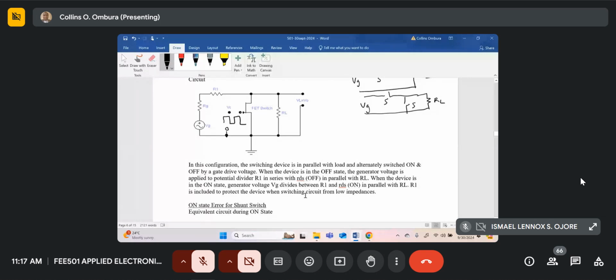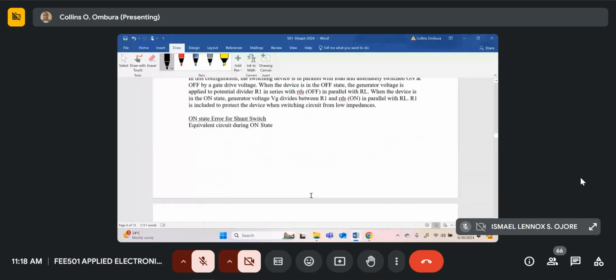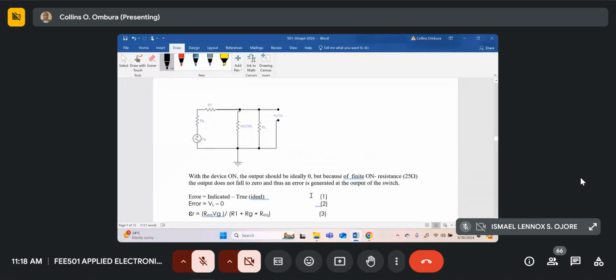Now let's start with the on state error. On state error is when the switching device is on. So for this, we draw the equivalent circuit. So this is the equivalent circuit. When an FET is on, the resistance between the drain and source is called RDS on.